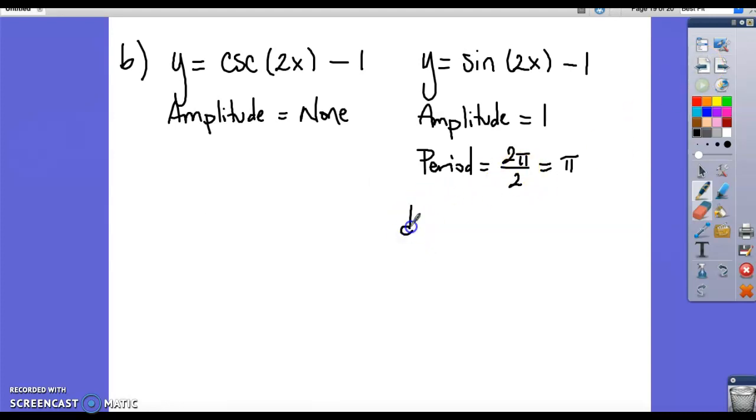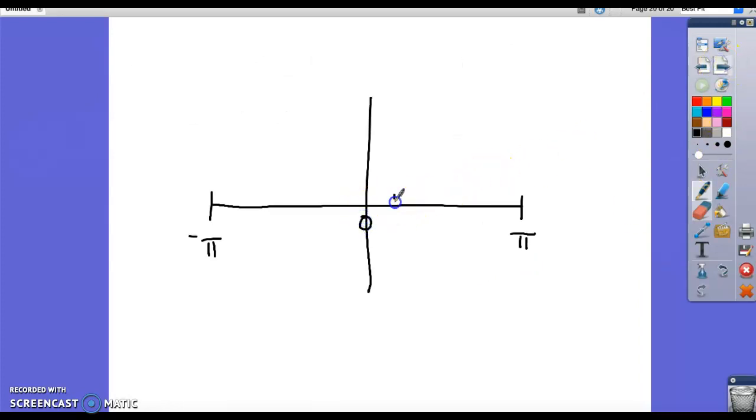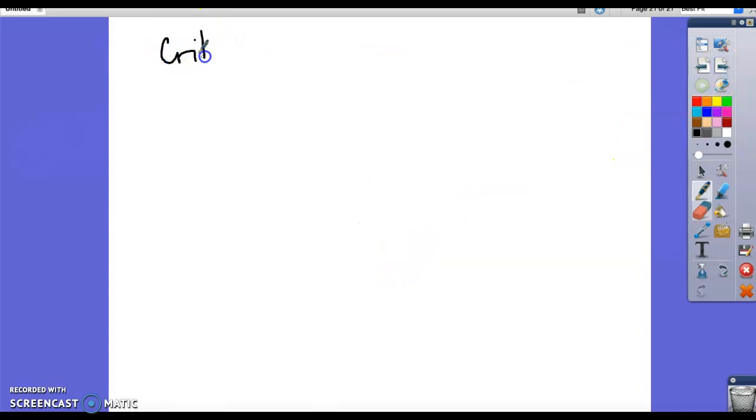To figure out my distance between critical points, I'm going to take my period and divide by 4. If I'm starting at 0, one full period would be 0 to pi. The distance between my critical points is pi over 4. The distance between 0 and pi over 4 is pi over 4, so there's my first one. Then to get the next one, I have pi over 4 plus pi over 4.